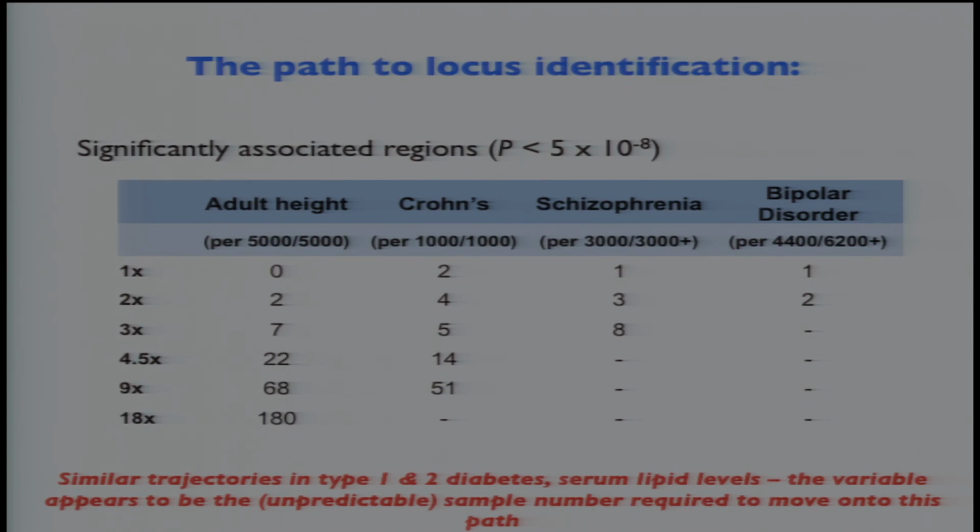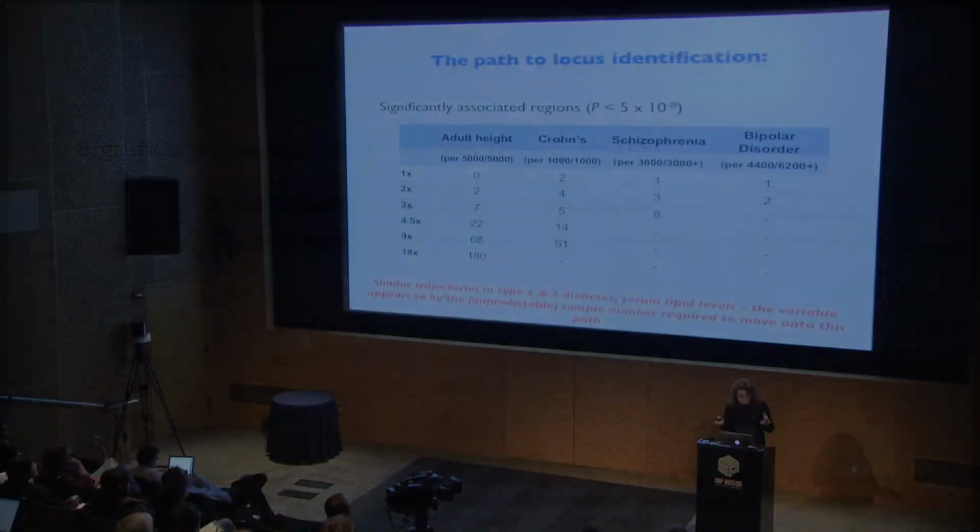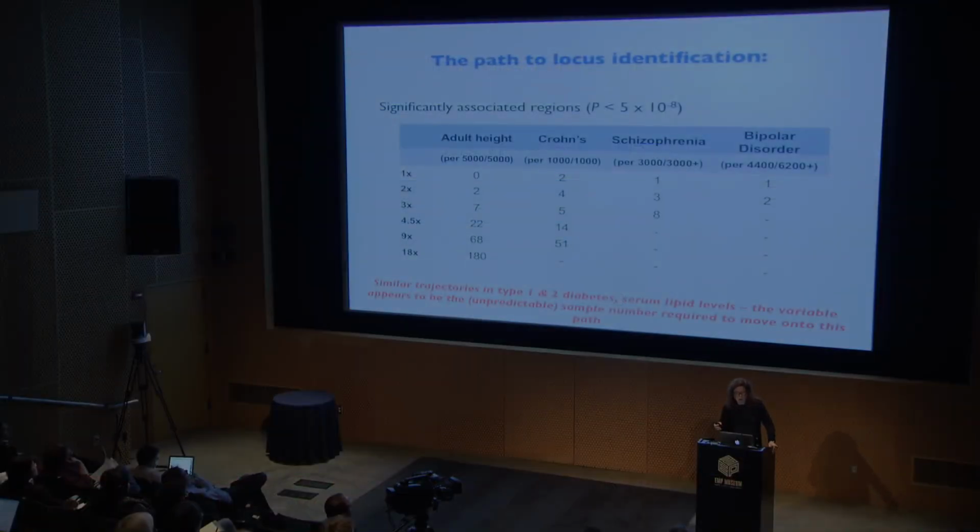And so we feel that we're probably on the same sort of trajectory that other disorders like adult height and Crohn's disease are on, which is that as you begin to increase the sample size, you're able to go into substantial depth and begin to unravel some of the pathways that are involved.